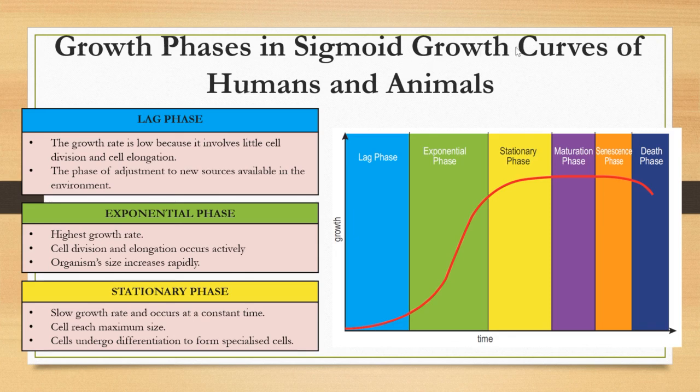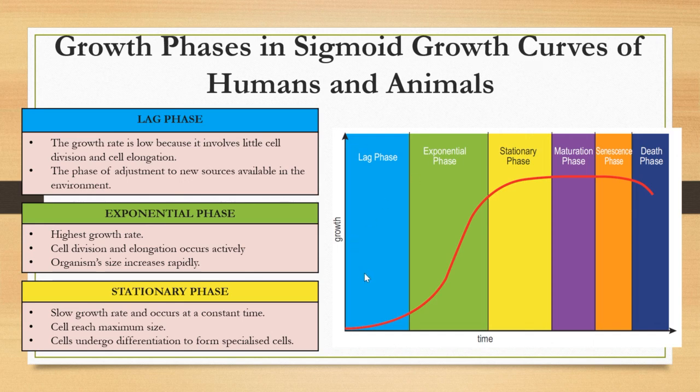Why is it called sigmoid? Because when we plot the graph of growth over time, the growth curve looks like an S shape.